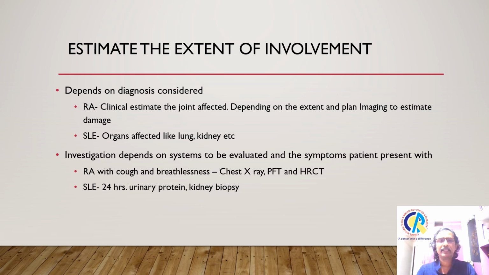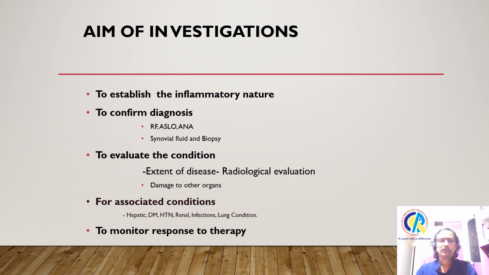So estimating the extent of involvement depends on the disease as well as the signs and symptoms the patient has. To look for associated conditions, evaluate the liver, presence or absence of diabetes mellitus, renal involvement, any infections, and lung conditions. To monitor response to therapy, we use inflammatory parameters, dsDNA, ANCA, and a very few of these autoantibodies are helpful.